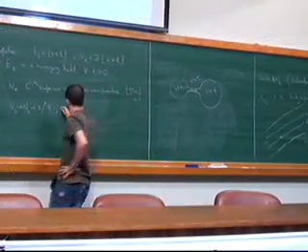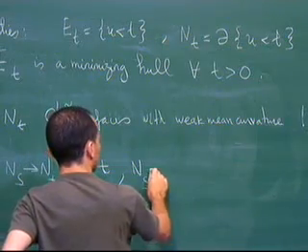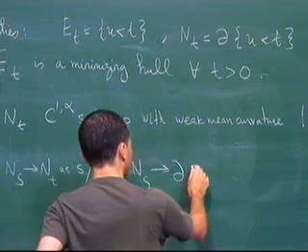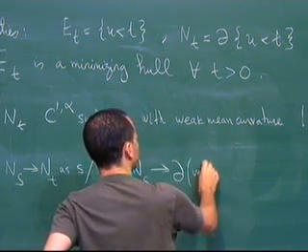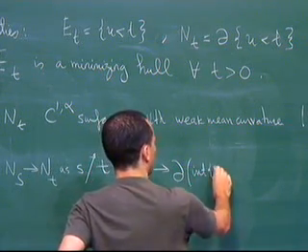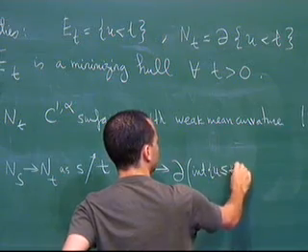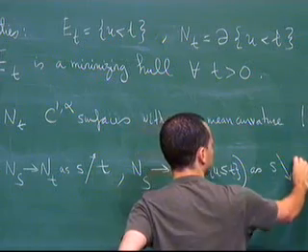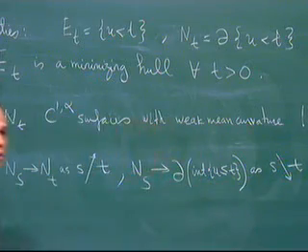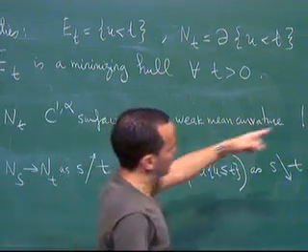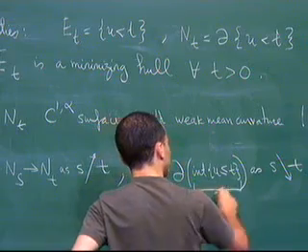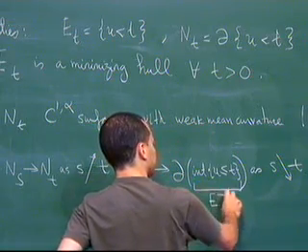You can prove that N_s converges to the following set: the boundary, think of the picture, of the interior of the set of points where u is less than or equal to t, as s converges to t from the right. So that's what's happening there.